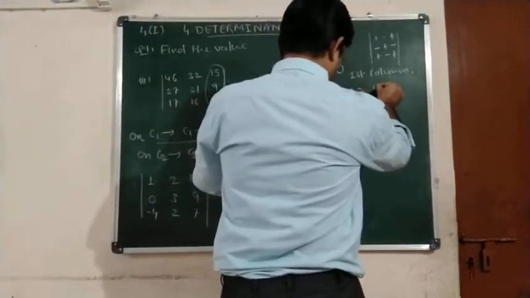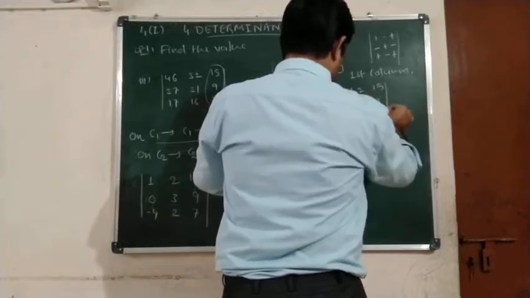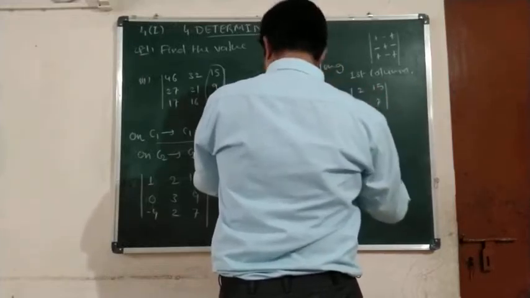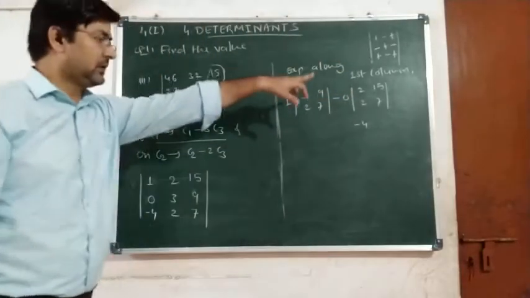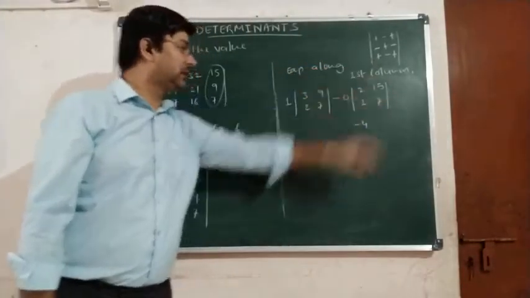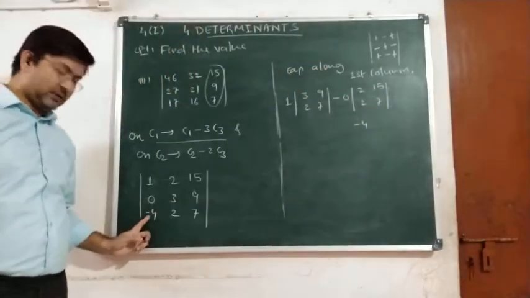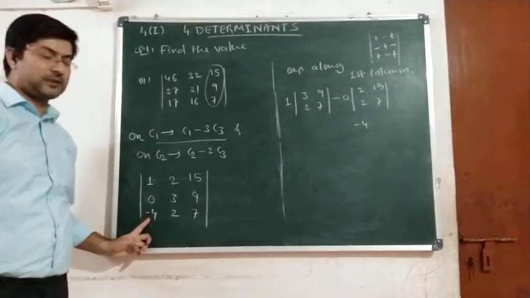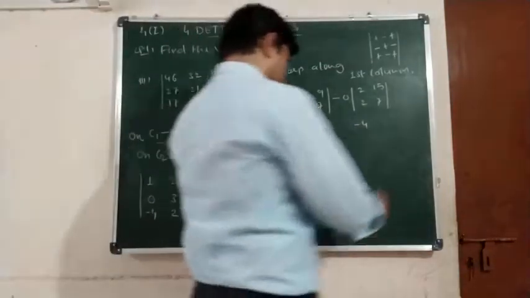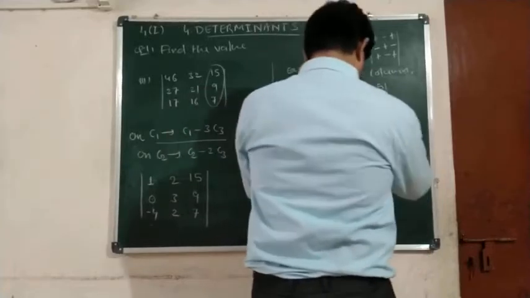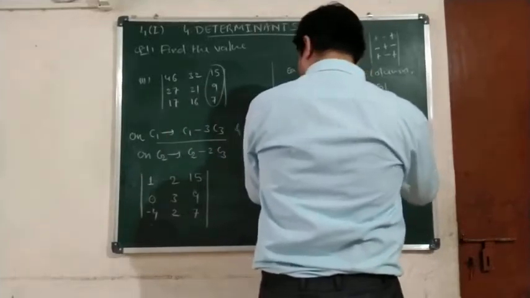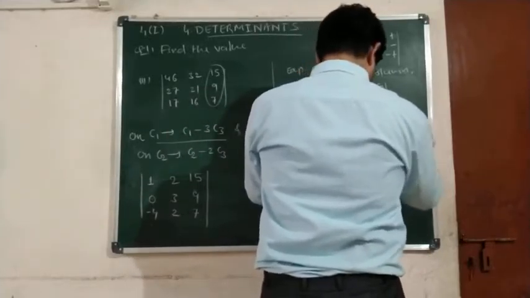Then minus 4, because the sign convention of the third element in the first column is plus only. So plus, and into minus 4, so plus minus 4 multiplied by the determinant 2, 15, 3, 9.